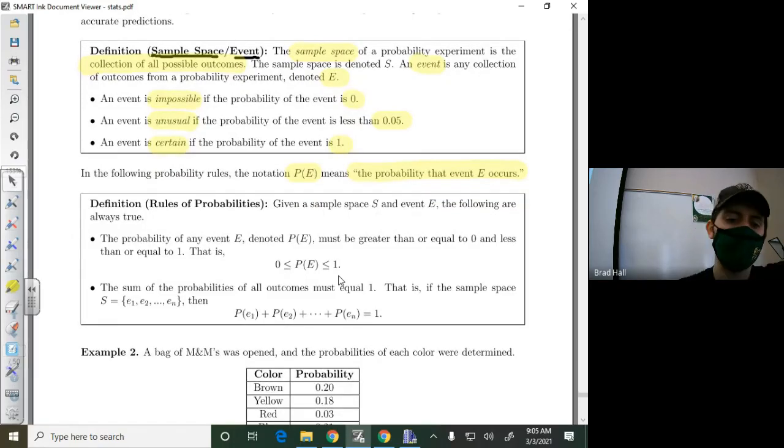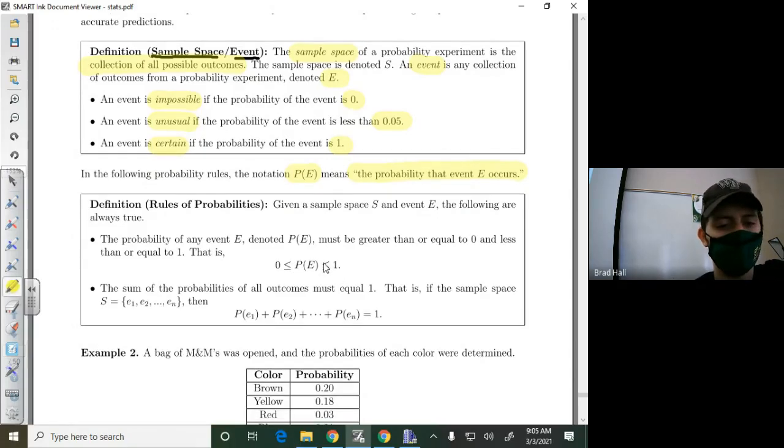If not, any probability that we deal with must be in between 0 and 1. So all probabilities lie between 0 and 1 when we look at them as proportions. This makes sense because any percentages that we look at lie between 0% and 100%. So it's the same idea. It's just we look at probability in decimal form, not percent form.